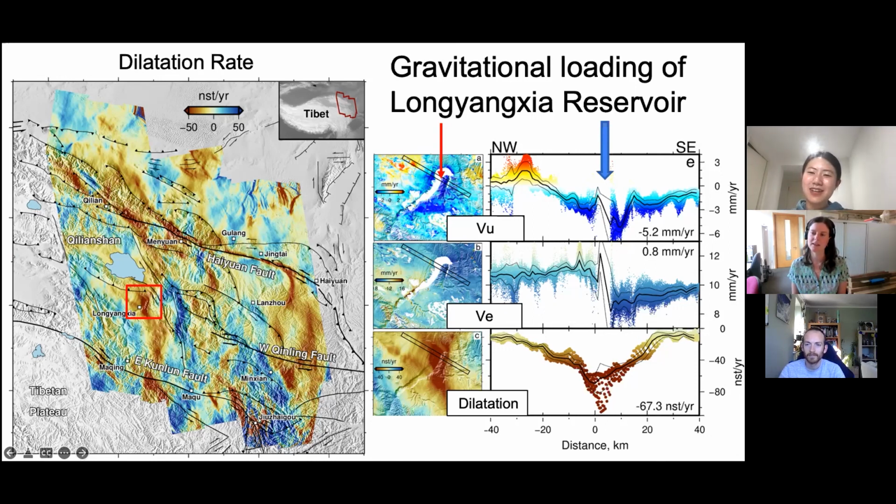If it's creeping, then it's a shallower feature, sharper, with a shorter wavelength. But if we integrate across the profile, a very narrow and tall peak might integrate to a similar value to a broader and smoother peak that might represent a locked section.